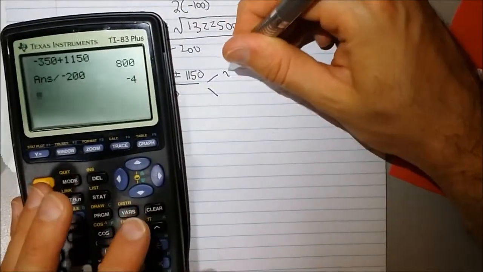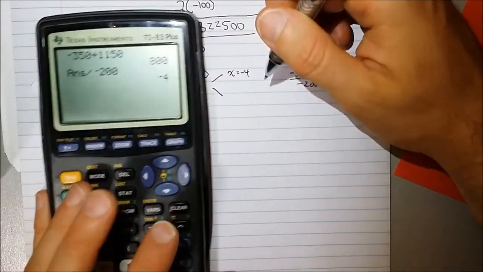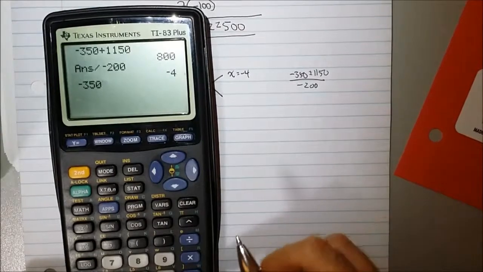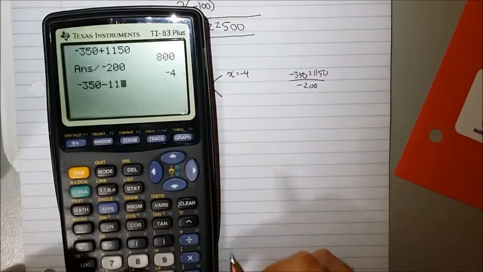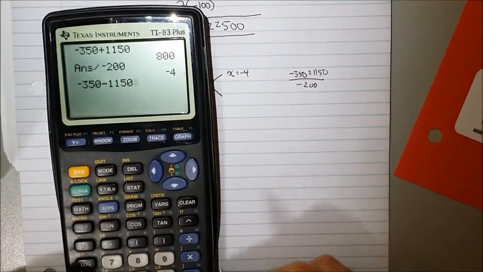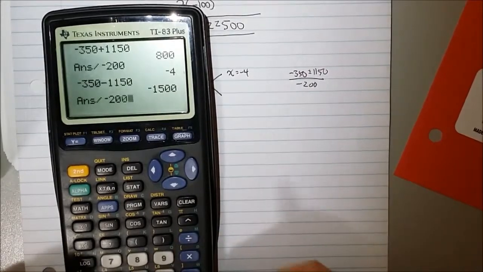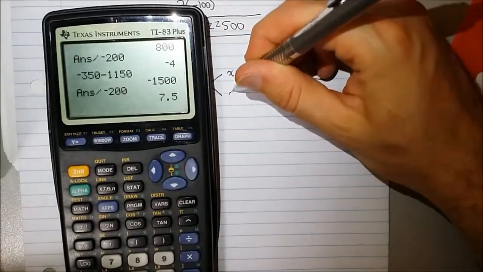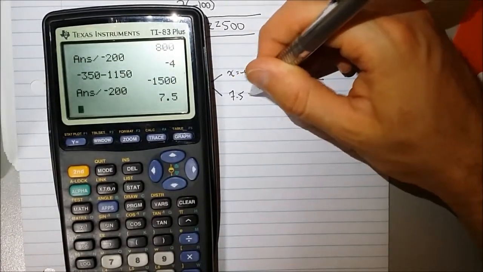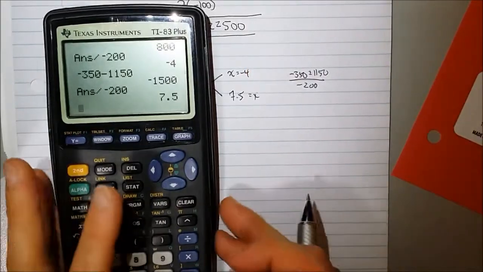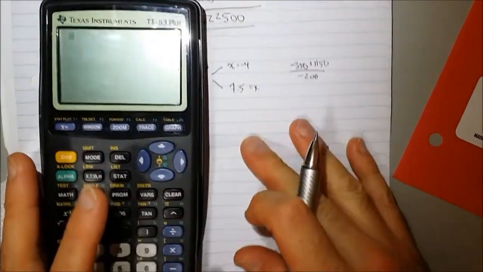I'm going to get x equal negative 4. When I do negative 350 subtract 1150 divided by negative 200, I get 7.5 equals x. So those are just my x-intercepts.